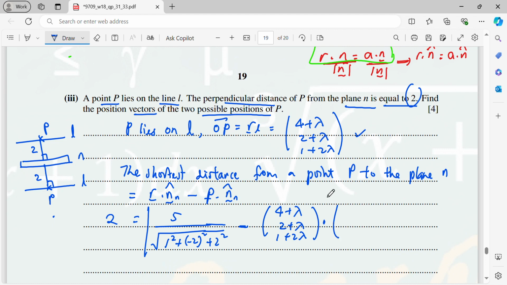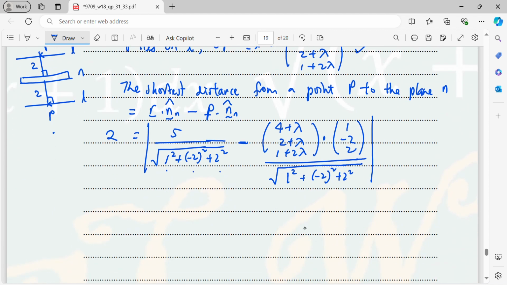So it means that it will be (1, minus 2, 2) over square root of 1 squared plus minus 2 squared plus 2 squared. Okay, so now from here I will say that 2 equals the modulus of 5 over, this is basically 3, then minus, just do expansion, sorry.